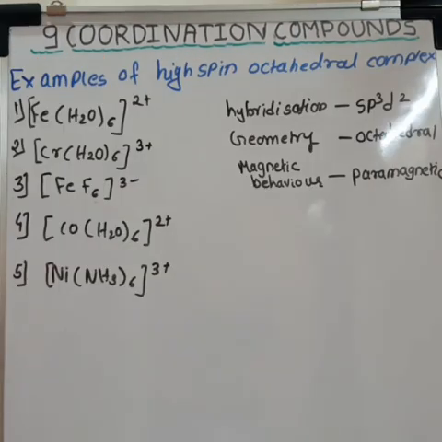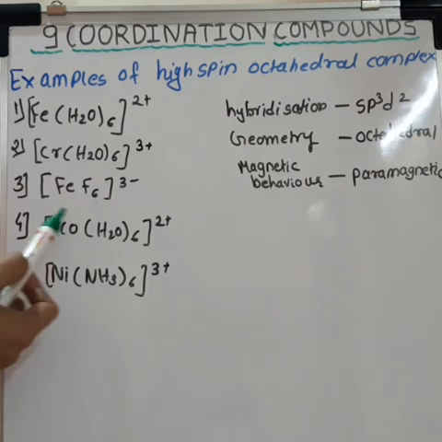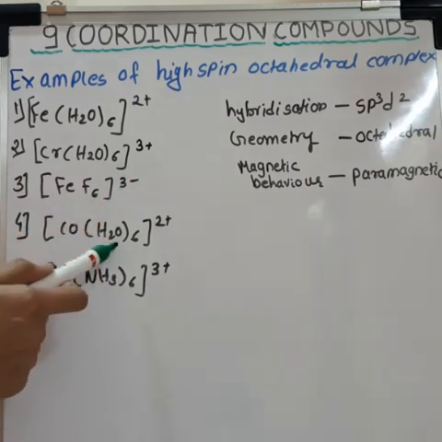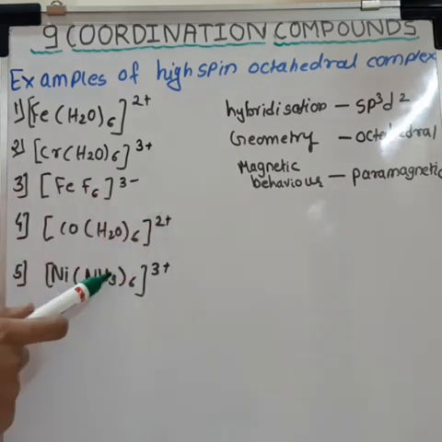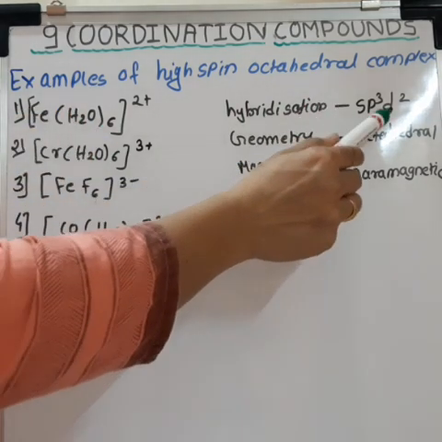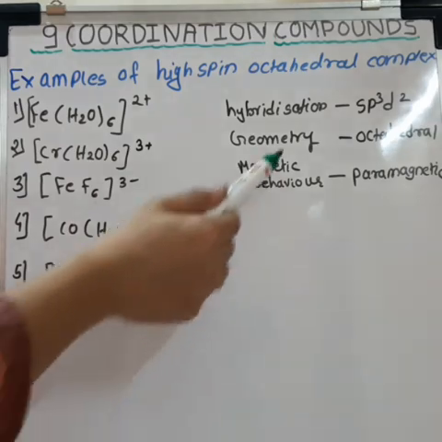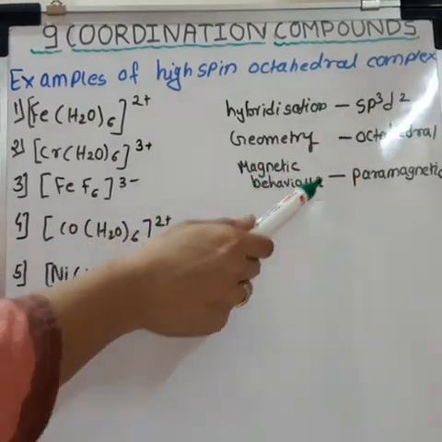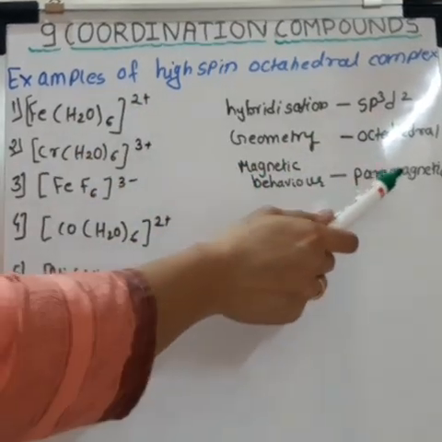These are some examples of high spin octahedral complexes: [Fe(H2O)6]2+, [Cr(H2O)6]3+, [FeF6]3-, [Co(H2O)6]2+, [Ni(NH3)6]3+. Hybridization in all these complexes is sp3d2. Geometry is octahedral and the magnetic behavior of all these complexes is paramagnetic.